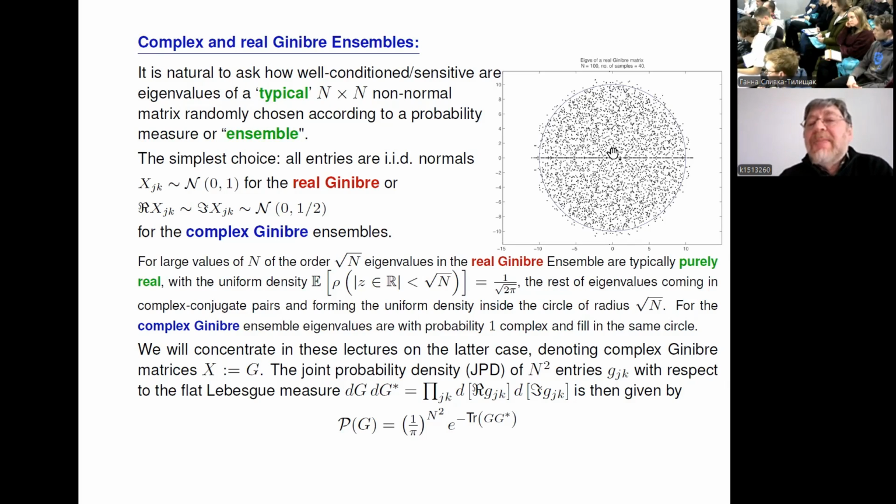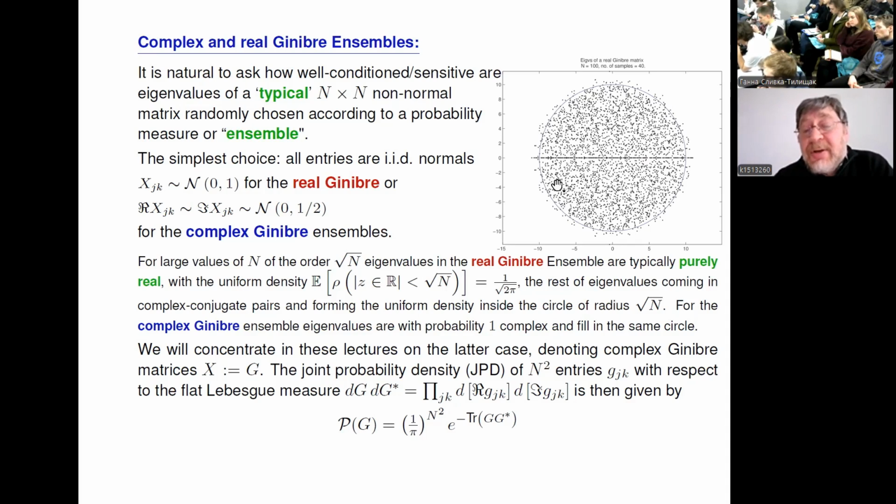So in principle, when dealing with real Ginibre ensemble, one should separately ask about properties of real eigenvalues and those positioned somewhere in the complex plane.